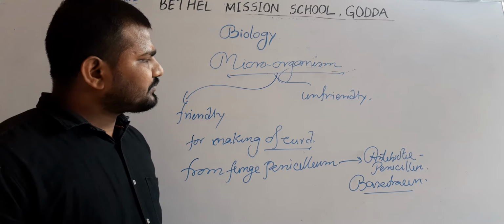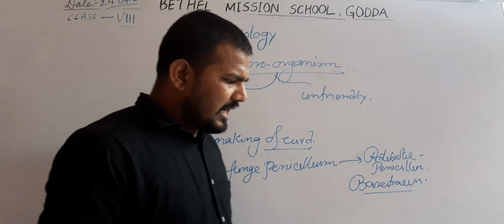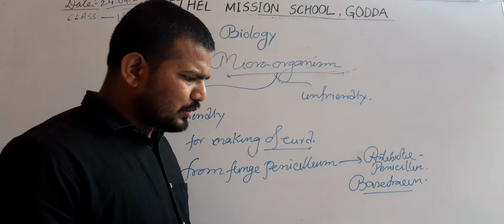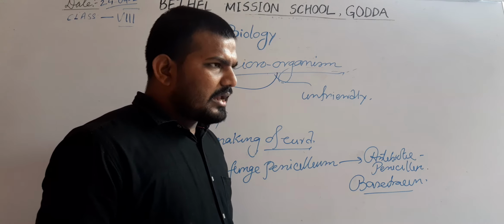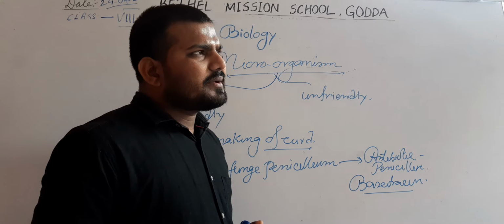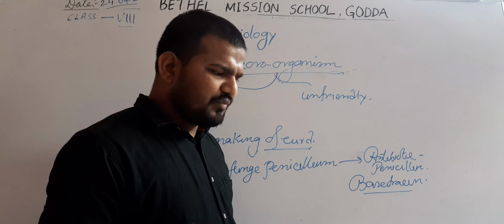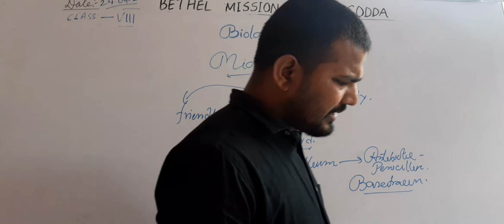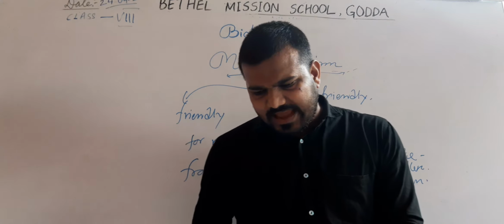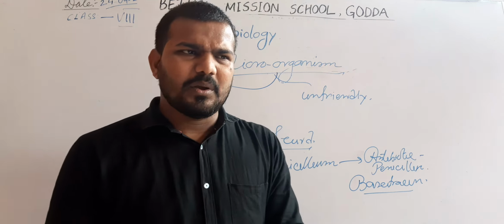Now, after that there is a question: write 10 useful lines about microorganisms or their roles. So you have to mention 10 useful microorganisms and their role. For example, the first one: Lactobacillus lactis is used for the preparation of curd.